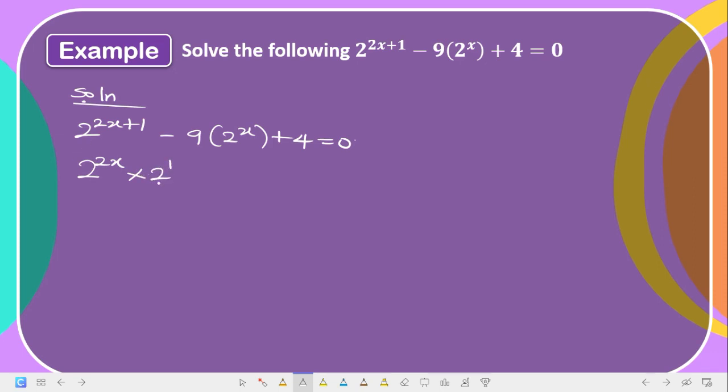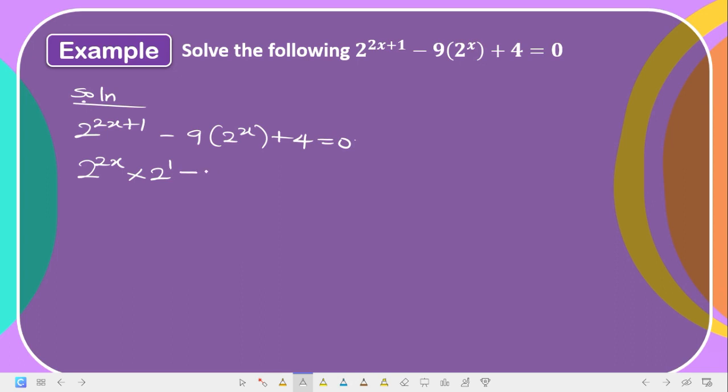Why? Because the bases are equal. It's more like 2 raised to the power of 2x plus 1, which is equal to 2 raised to the power of 2x times 2 raised to the power of 1. The bases are equal. If you add the powers, it's going to give us this in return. So we have to express it that way. Now the reason we have to express it that way will be made known to us as time progresses.